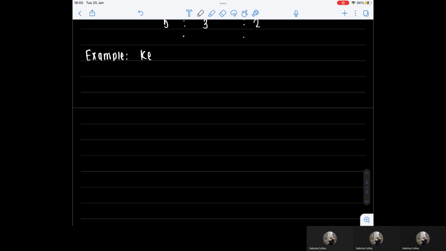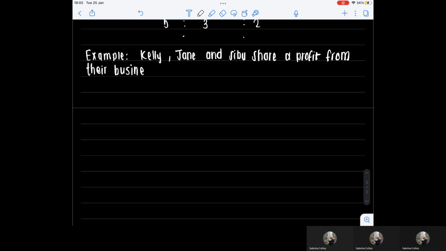Okay, Kelly, Jane, and Cebu share a profit from their business in the ratio 1 to 2 to 3.